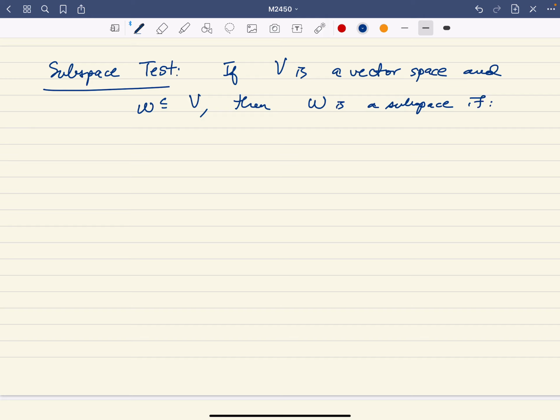if we're going to take our list of 10 items, and it turns out that we can whittle it down to 2 items. W is a subspace if it's closed under addition.